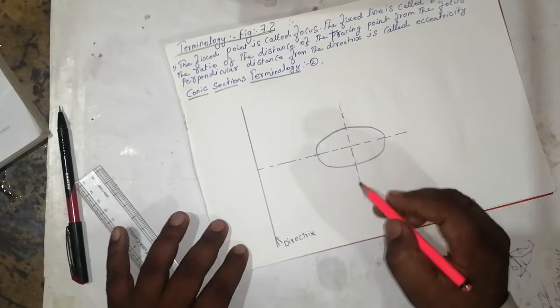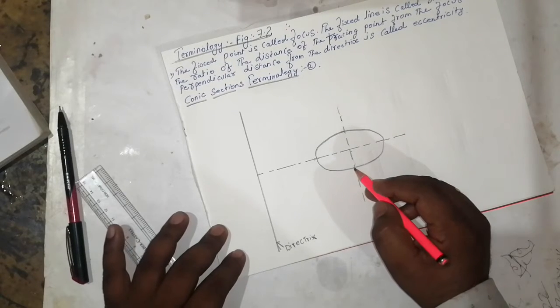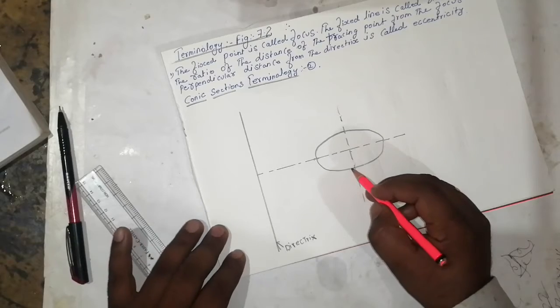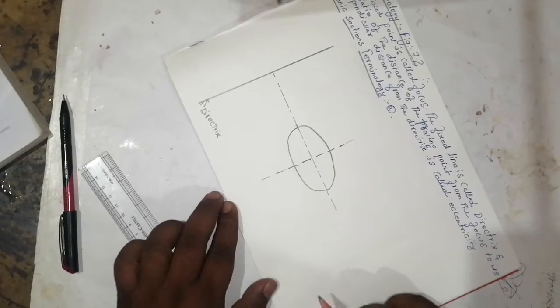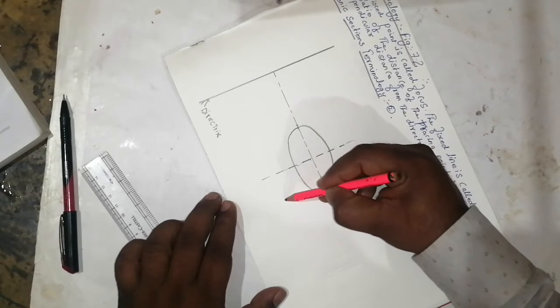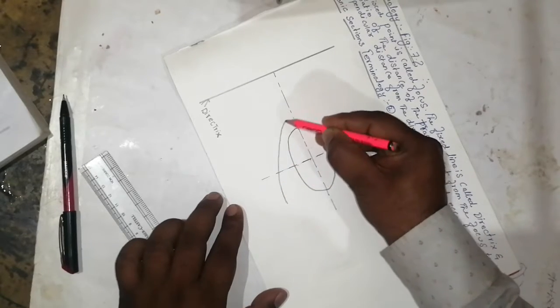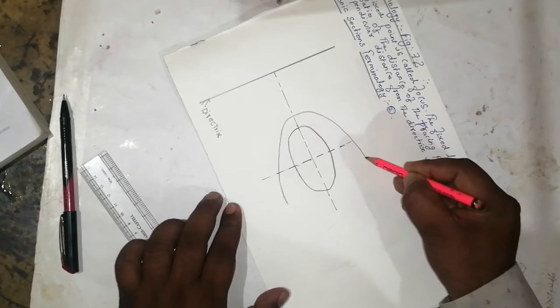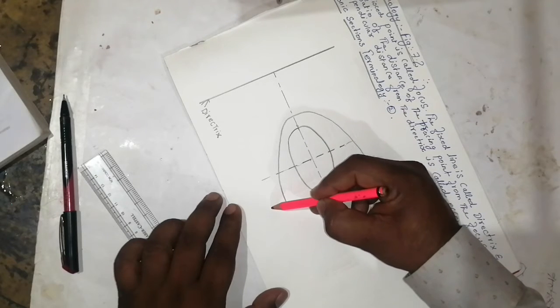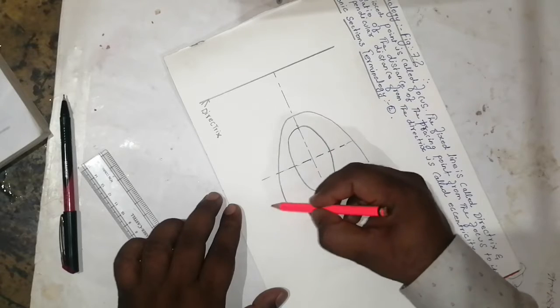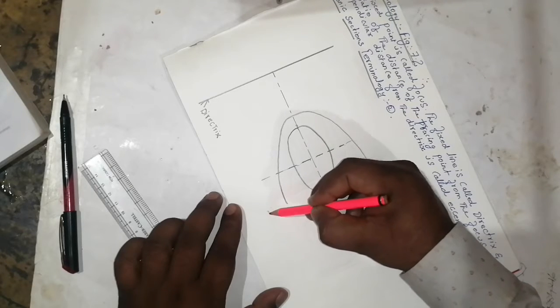This is called an ellipse. Then this is called a hyperbola. Then this is called a parabola. Then this is called a hyperbolic.